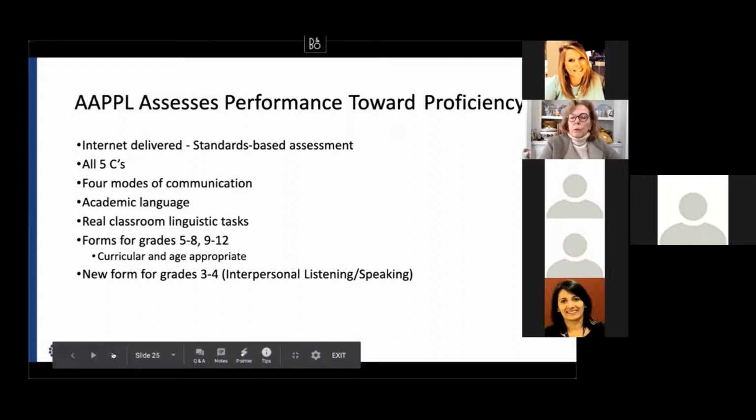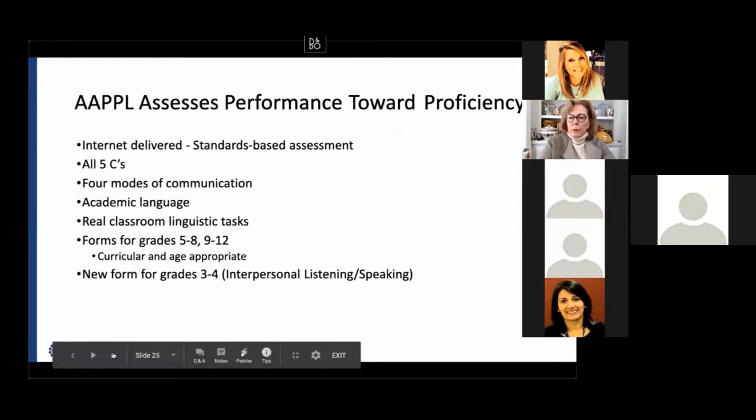What's unique about this assessment is that it is internet delivered. It is a standards-based assessment. In these particular times when so much teaching and learning is happening remotely, this is also an assessment that happens remotely.